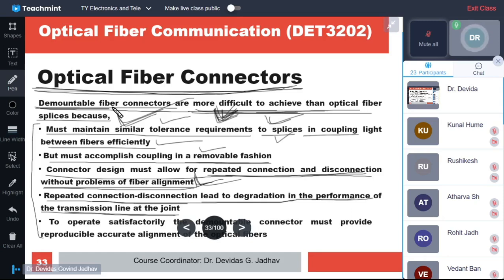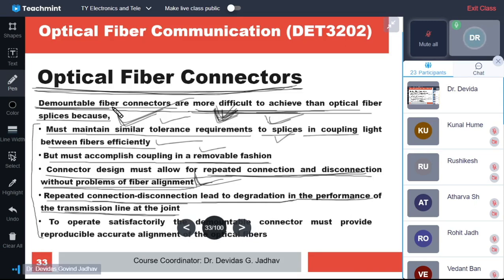Then repeated connection disconnection leads to degradation of the performance. Obviously, in the practical case, it leads to degradation in the performance of the transmission line at a joint.